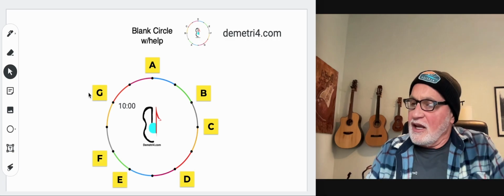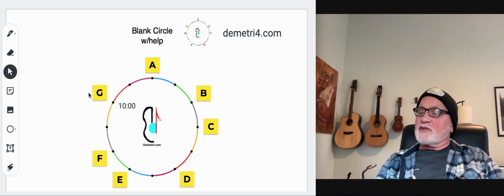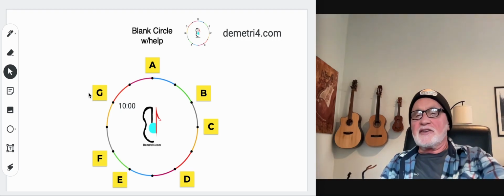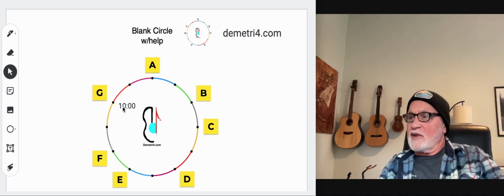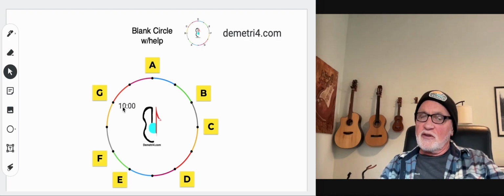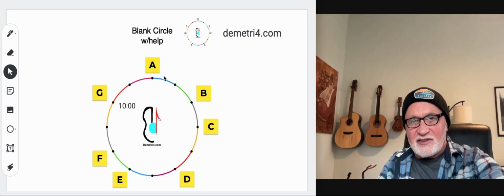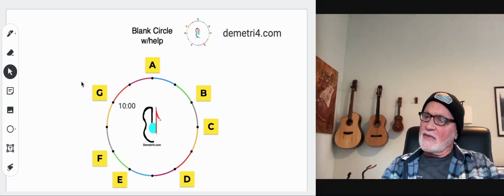All right. After placing all the natural notes on the blank circle, we must realign them to fit the structure of the gold standard. Neither the tonic, which is at 10 o'clock, nor the natural notes can move from their positions. So I can't move any of these notes because the distance between these notes never changes. These are constant, okay? So neither the tonic nor the natural notes can move from their position.